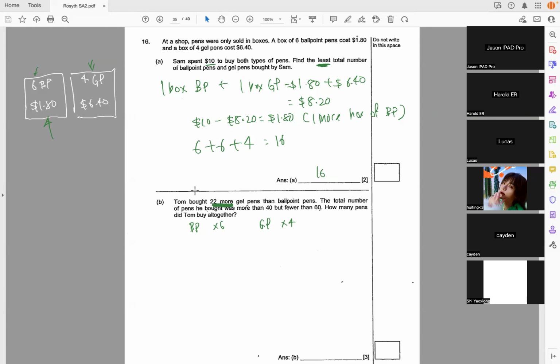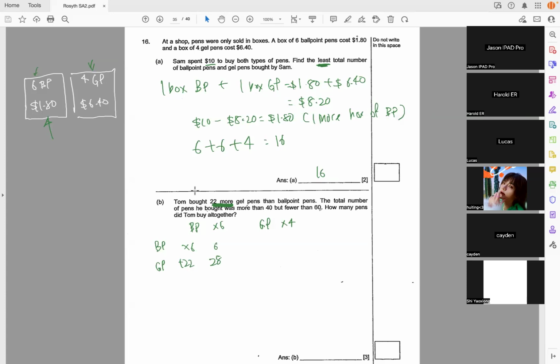So if I buy 6 ballpoint pens, 1 box, I have to buy how many gel pens? 6 plus 22, 28. Correct. This is your ballpoint. This is your gel pen.